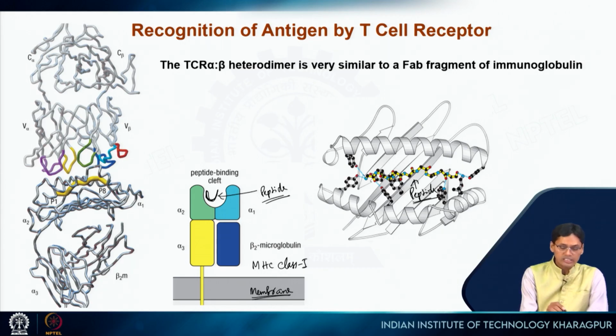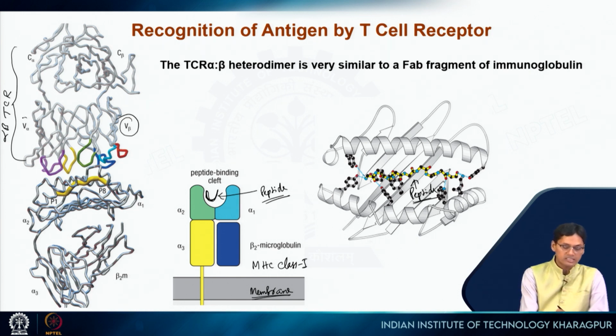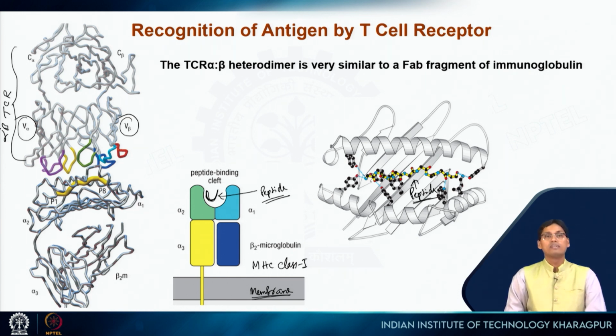So on the top side, I am showing you the TCR, the T cell receptor, and this is an alpha beta TCR. As you can see, alpha and beta chains are present, and this is the variable region of the beta chain, and this is the variable region of the alpha chain.